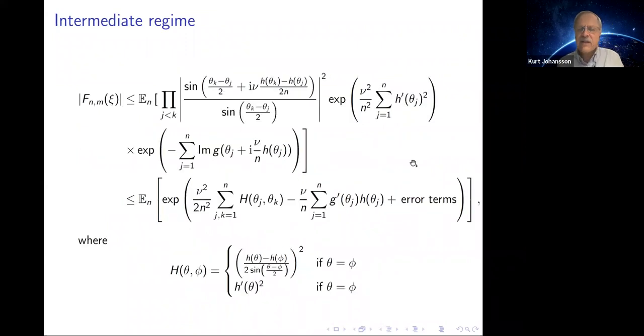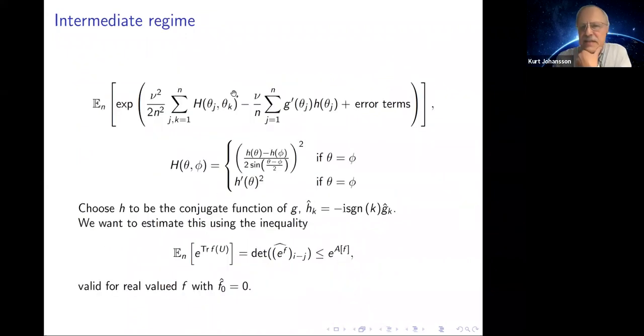So let's go back to trying to understand this intermediate regime and estimating this expectation. Using this, if I have a linear statistic, a term like this, I could split this into different parts using Cauchy-Schwarz, and something like this I could estimate and get quite a good bound. However, this is a double sum.